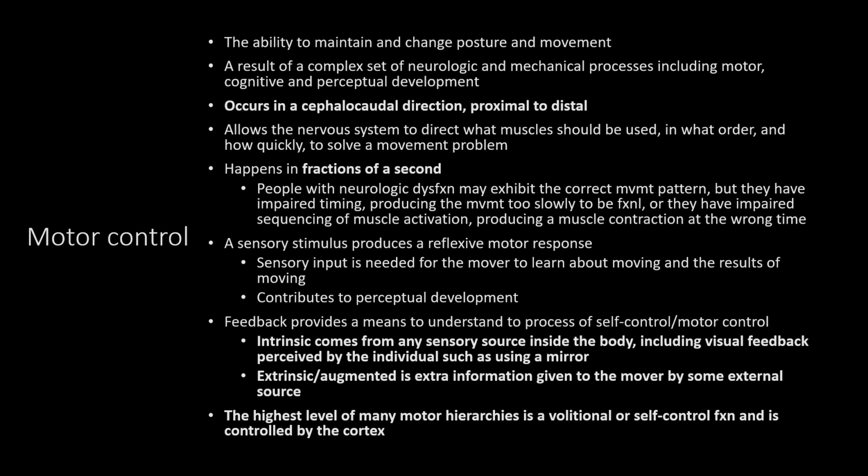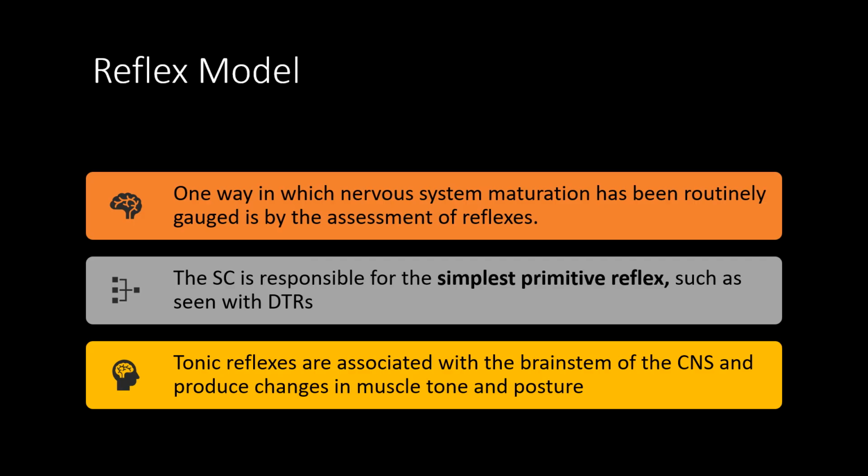The highest level of many motor hierarchies is volitional or self-control function, and these things are controlled by the cortex of the brain. So thinking about that hierarchy where the highest level of control comes from the highest level of the brain, we can take a look at the reflex model. One way in which nervous system maturation has been routinely gauged is by the assessment of reflexes.